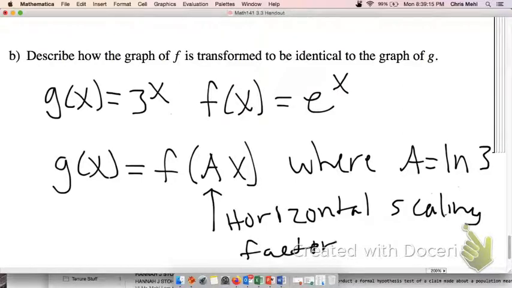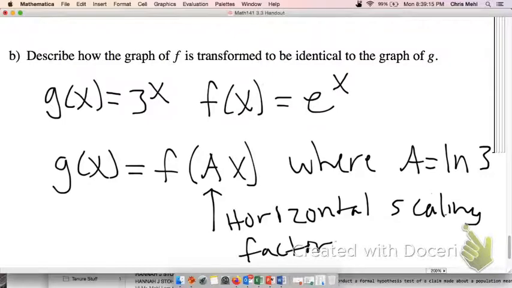So that tells me, depending on the value of capital A, there's times where it's going to tell you to horizontally compress the original function f, or there's times where it's going to tell you it's a horizontal expansion.